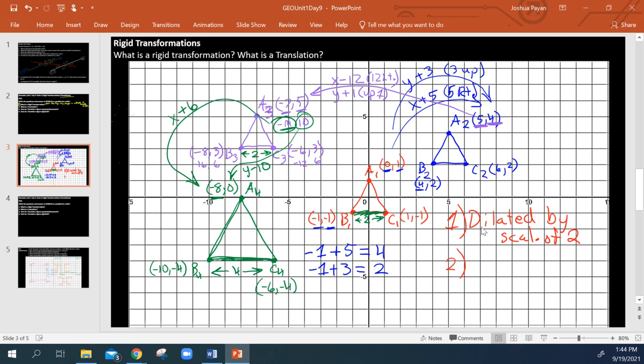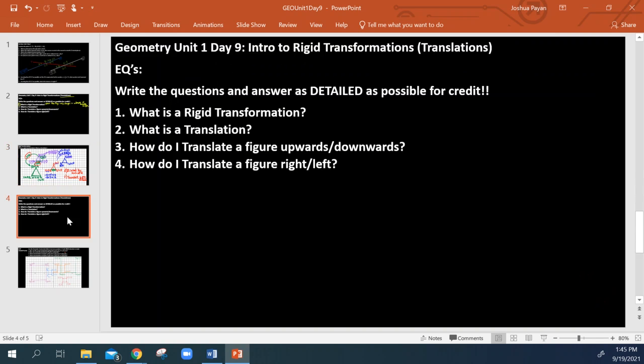Then I would have to have translated 6 to the right after I dilated, and then translated 10 down. So 6 to the right, 10 down. That's how we can start piecing these together.